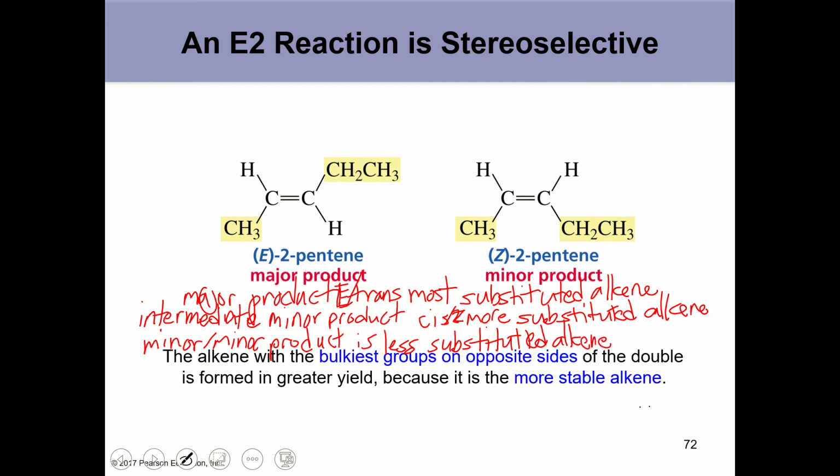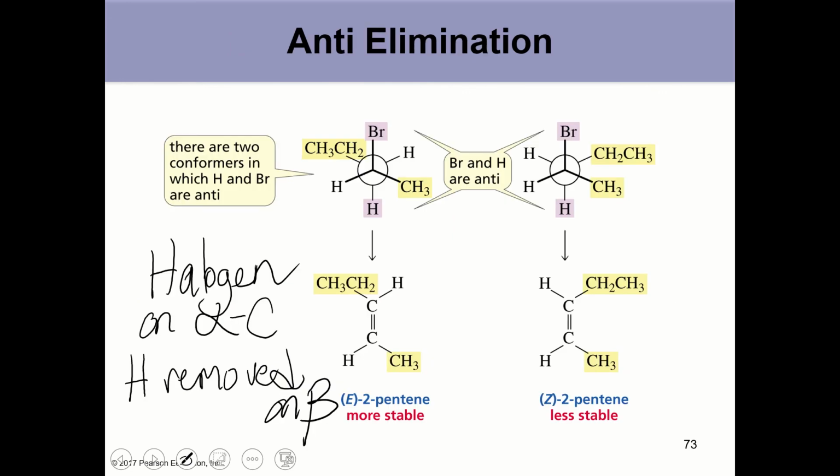Okay, the alkene with the bulkiest groups on opposite sides of the double bond is formed in greater yield because it is the more stable alkene.